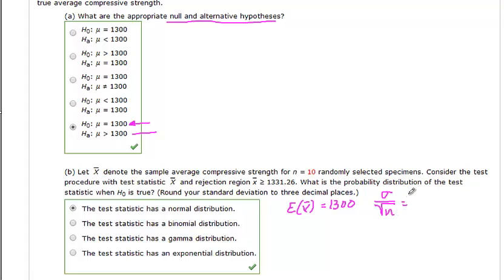So my standard deviation they gave me previously was 56. The number in my sample is 10. So this is the value that I'm going to plug in for that sample standard deviation, which is 17.7088. And I'll probably key that entire thing in whenever I go to work my problems.